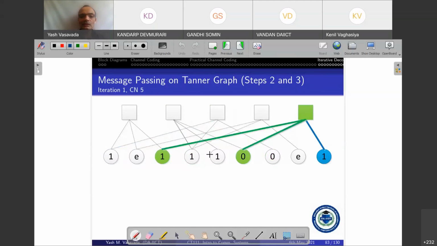Then it's going to unerase this last parity check bit also, this CN number 5. And so that is going to be the end of iteration 1.